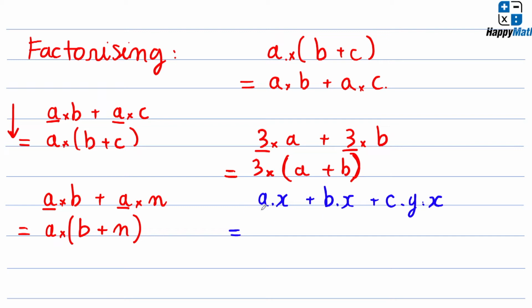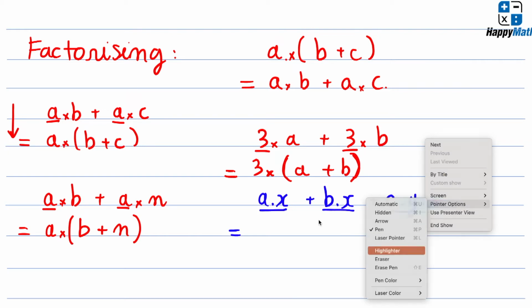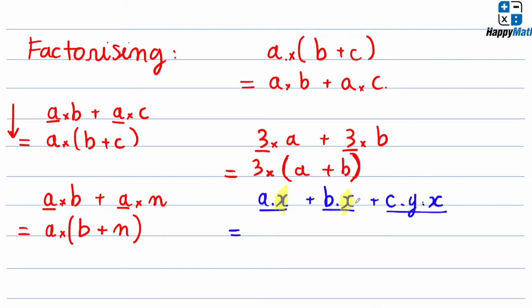You can see the first term, the second term, and the third term have the same common factor, x. The factor also appears in all 3 terms. So the common factor here is x.